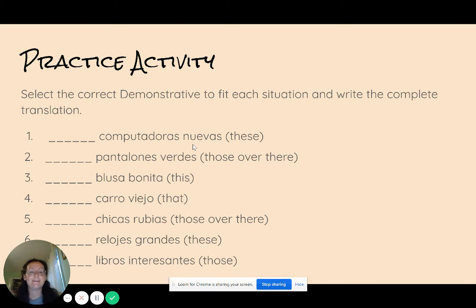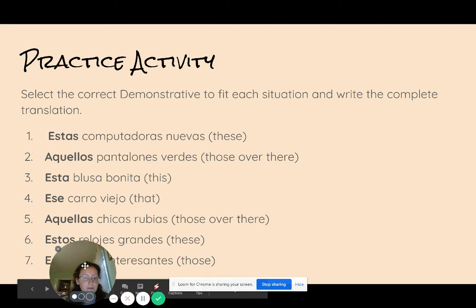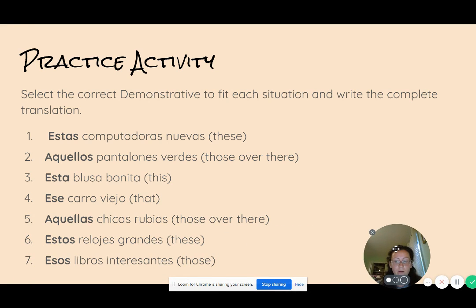Okay, so let's go over these together. So we have estas computadoras nuevas. These new computers. So the word nuevas is like new. They're brand spanking new.